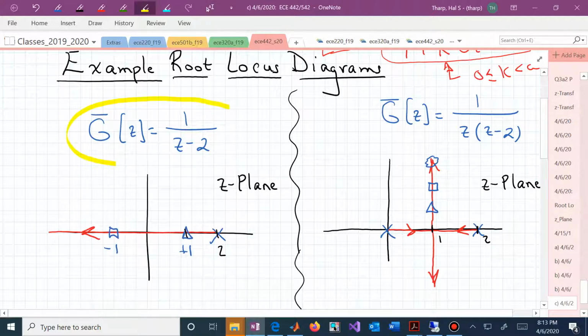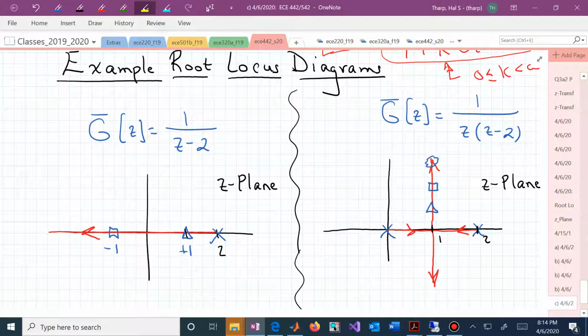The first system that we will look at is a first order system. We have one pole and it starts at z equal to 2. Root locus diagrams start on the open loop poles, that's where the x is, and they terminate on open loop zeros, finite zeros, or go off to zeros at infinity.